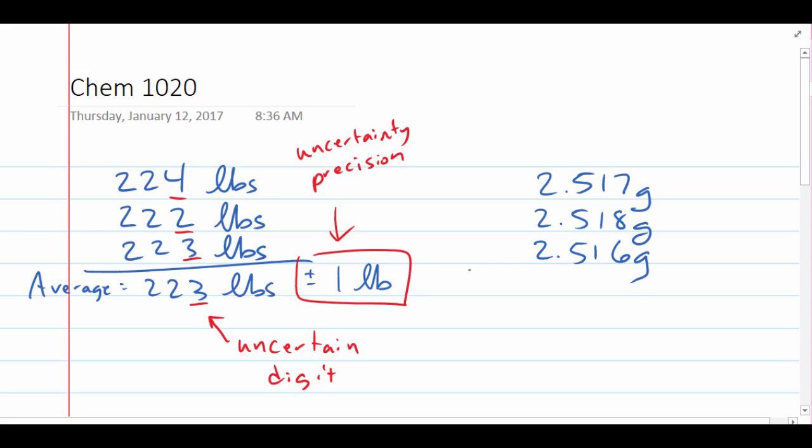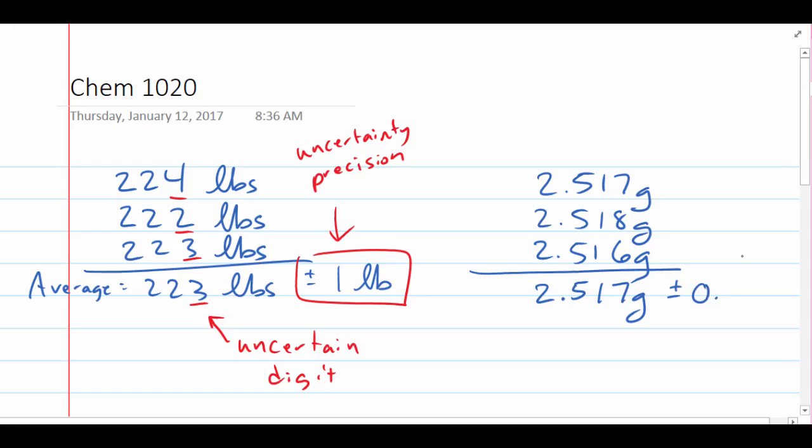If you look at this set of measurements, what would be the best way to represent it? It would be 2.517 grams as the average. But if I wanted to talk about the precision of these measurements, we'd say it'd be plus or minus 1 times 10 to the minus third.